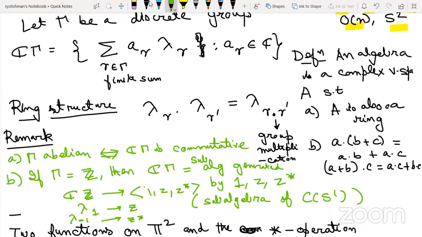Since C[Z] is, as a ring, generated by lambda_1 and lambda_(-1), this extends to a ring homomorphism from C[Z] to the algebra on the right-hand side. This is why I wanted to mention it, as an analog of S^1. So it gives more examples.